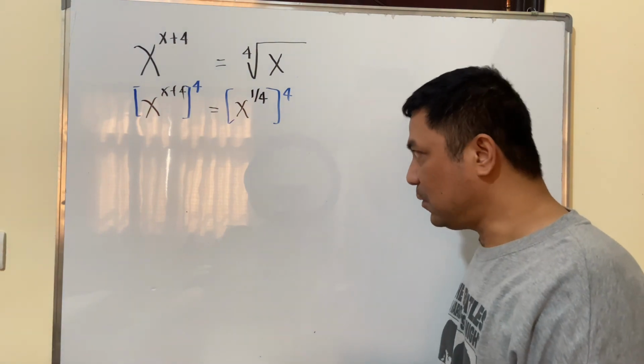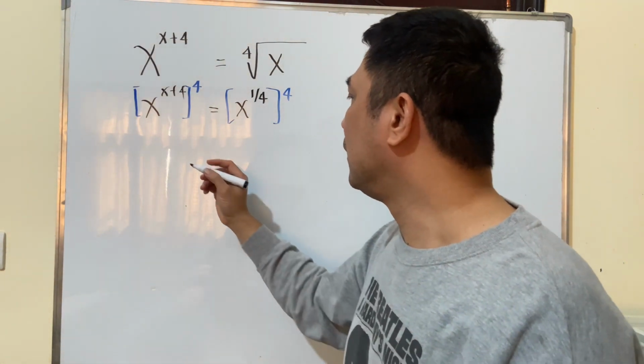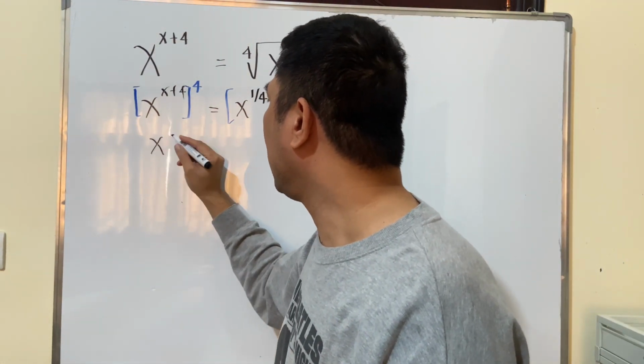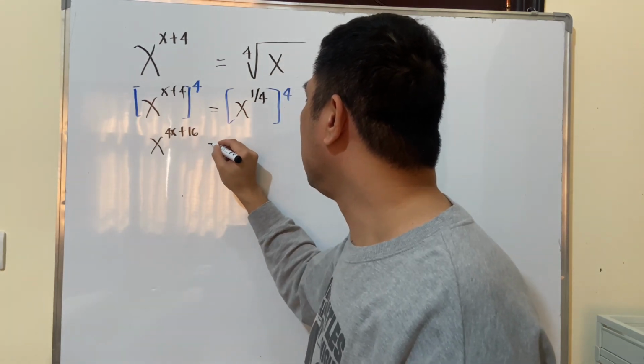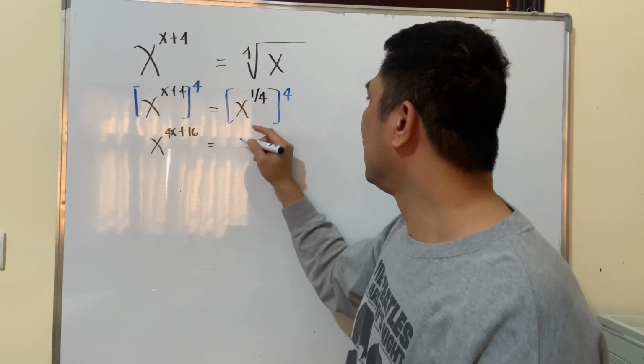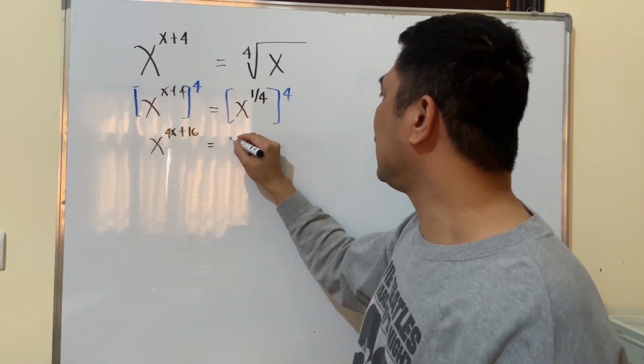In this case, you will have x raised to 4x plus 16 is equal now to x, since 4 divided by 4 is 1.